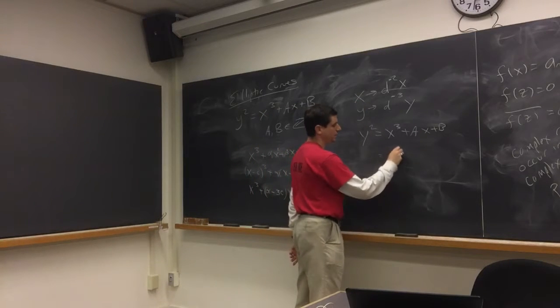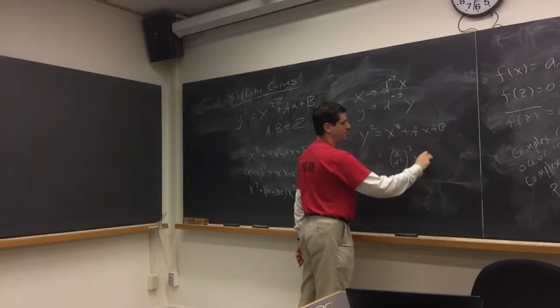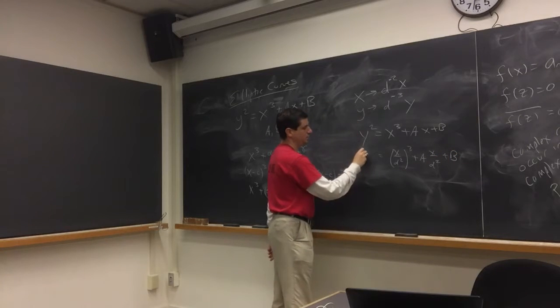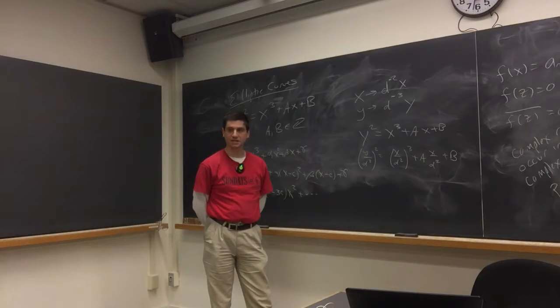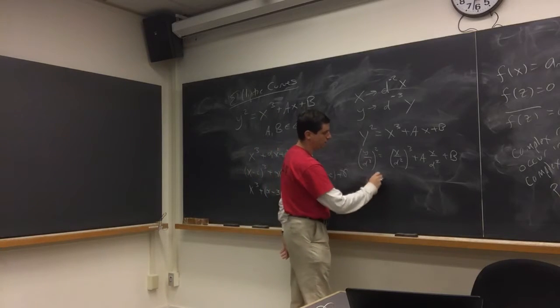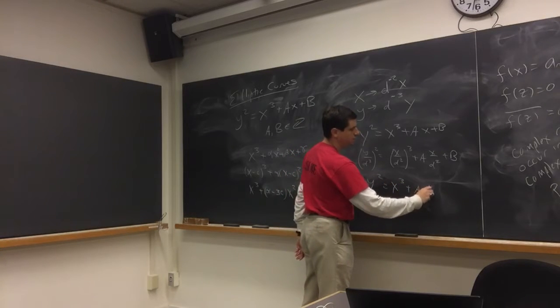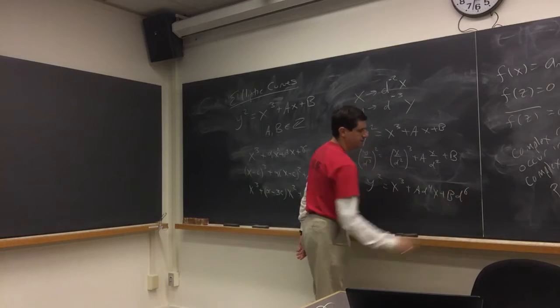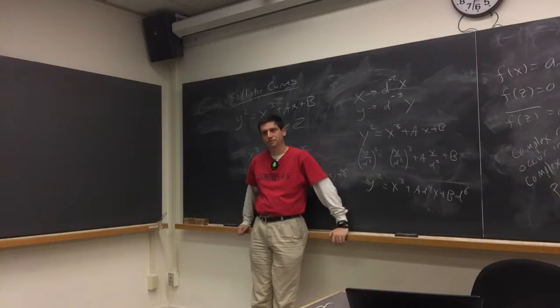So this would become (x over d squared) cubed plus a times x over d squared plus b. And this would become (y over d cubed) squared. I now multiply through by d to the 6th. And I get y squared is x cubed plus a d to the 4th x plus b d to the 6th. And so I can clear denominators.